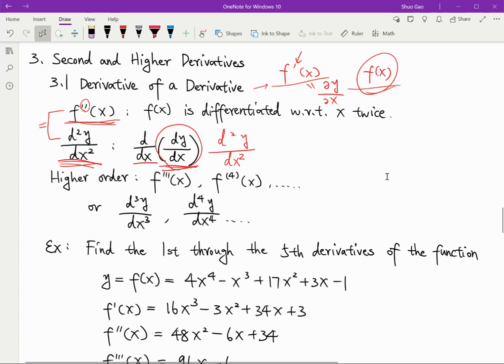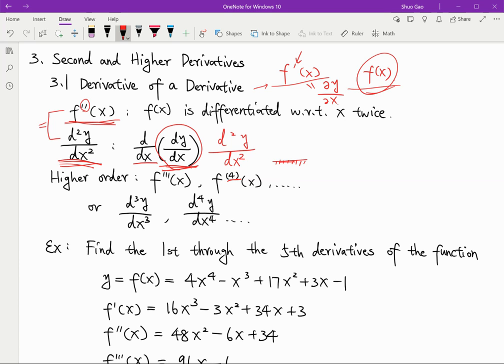So if you take the derivative one more time, for the second derivative, then we have the third derivative. And we can use f triple prime to denote that. So f triple prime x means we take the derivative of function f 3 times. And also we have f superscript (4) x, the 4 is in parentheses, because it's getting really complicated if you write a lot of primes here, right?